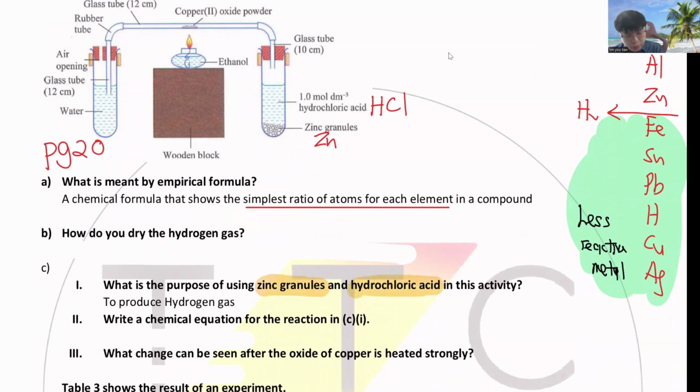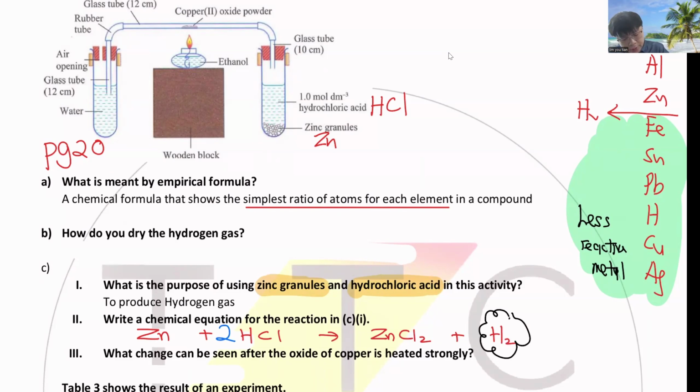You can write that it is to produce hydrogen gas, because Zn plus HCl forms ZnCl2 plus hydrogen gas. Balance the equation. So you produce hydrogen gas.